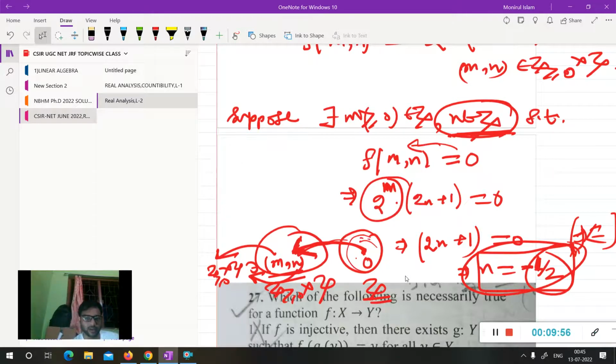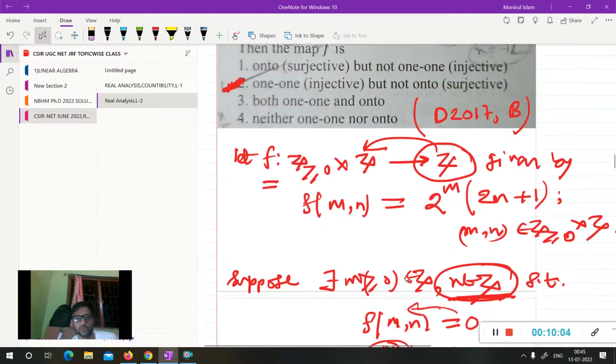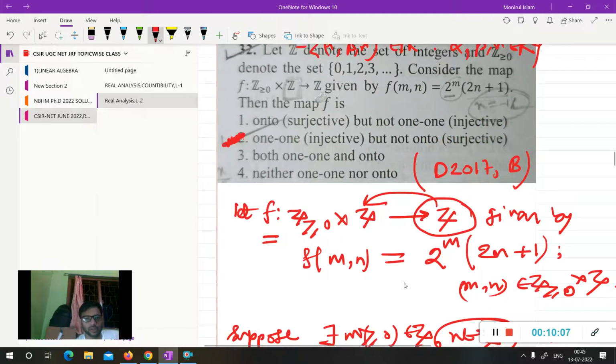But in this case 0 has no preimage, so this map f is not onto. So the option saying onto will be incorrect. Neither one nor onto, so you have to choose between option 2 or 4. Is it one-one or not onto?